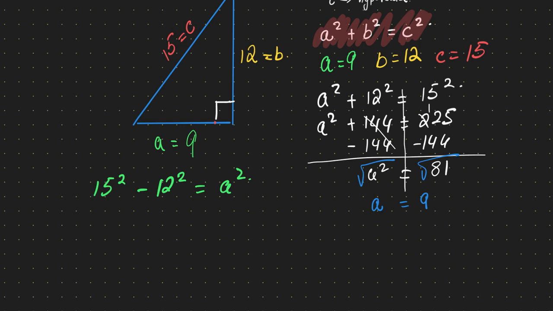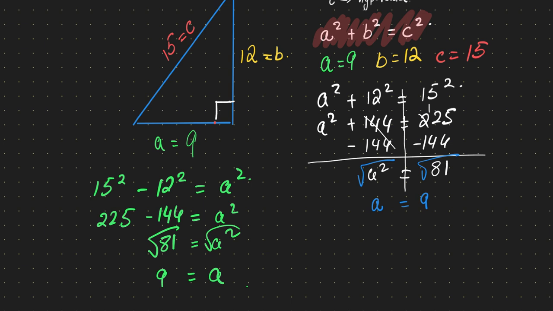And if it was b squared, then I would write b squared. As you can see, this is much faster. That will be 81 equals a squared, and then square root each side, which gives 9. So that's another way you can do it if you have the hypotenuse.